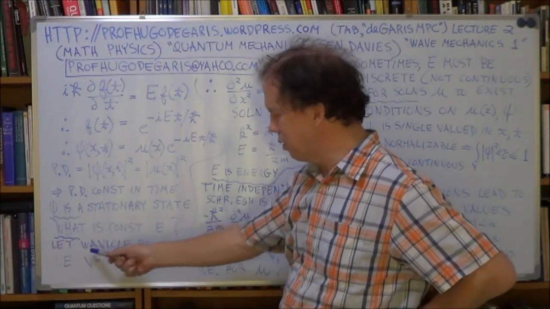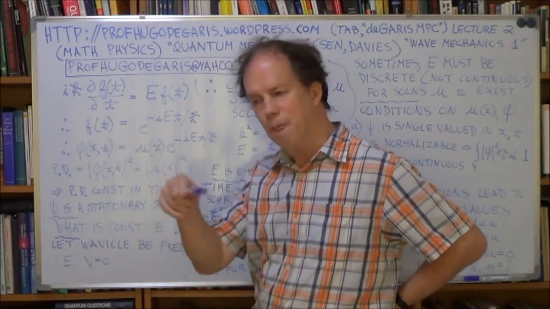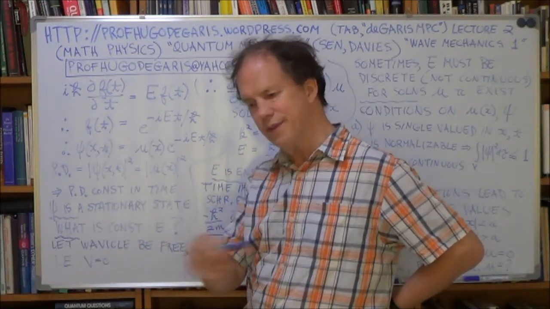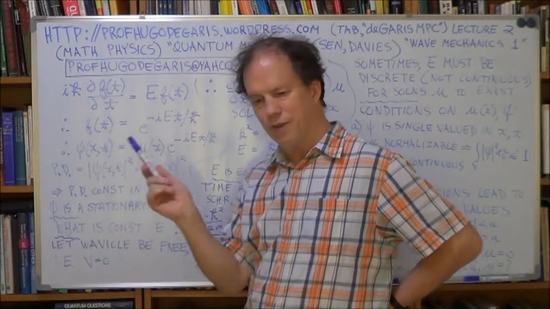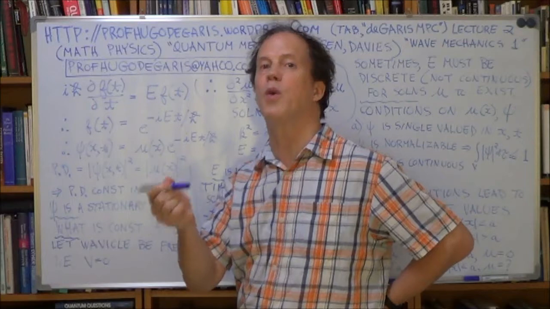Let's take the wavicle, this de Broglie type particle with wave properties. If you de Broglie yourself, you might think of this wavicle as sort of like a surfboard riding on a wave.